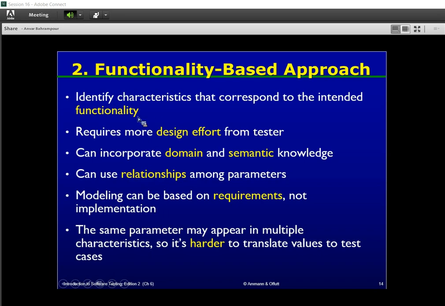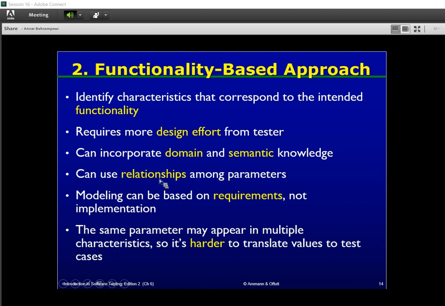So in the functionality-based approach, as I want to consider some more semantics, more functionalities, we can incorporate domain experts, and we should have some semantic knowledge.